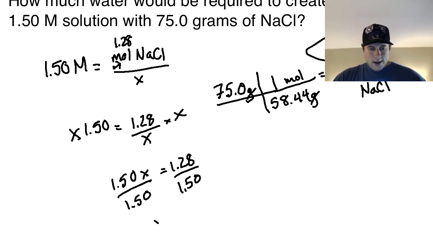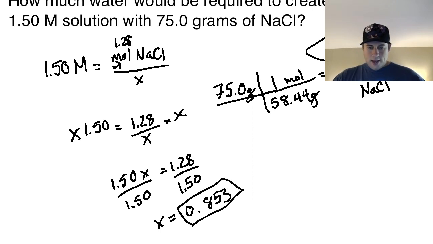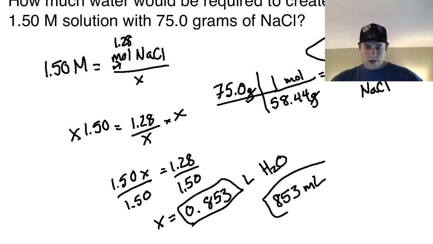Then I find that x, if I run this through and do the arithmetic, is going to be 0.853. So what does that mean? It means that I would need 0.853 liters of water in order to accomplish this, or if you were asked for it in milliliters, it'd be 853 milliliters of water.